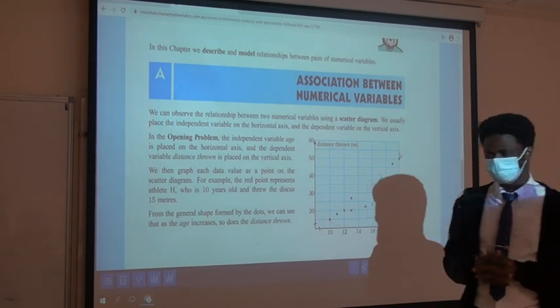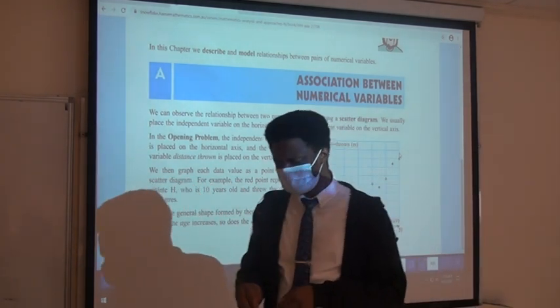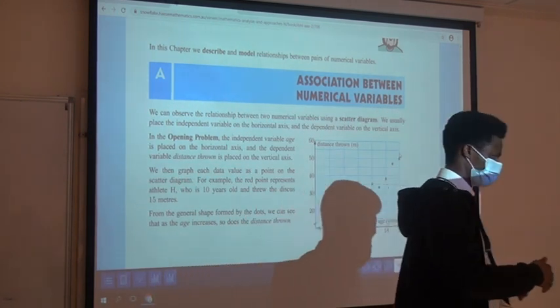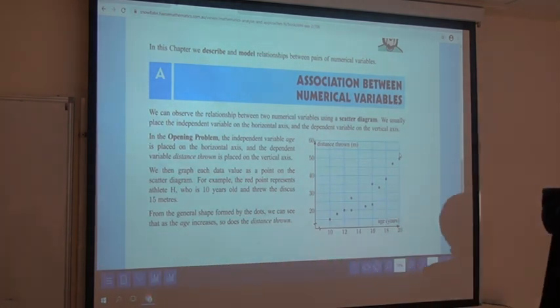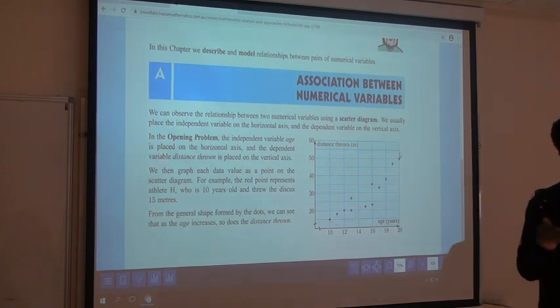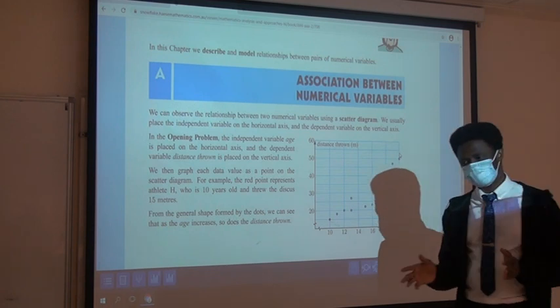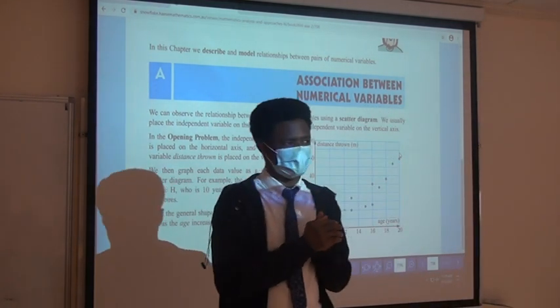For example, is there a connection between the hours of study and grade obtained? That might be a question you want to answer. Then you can talk to your 17 classmates.